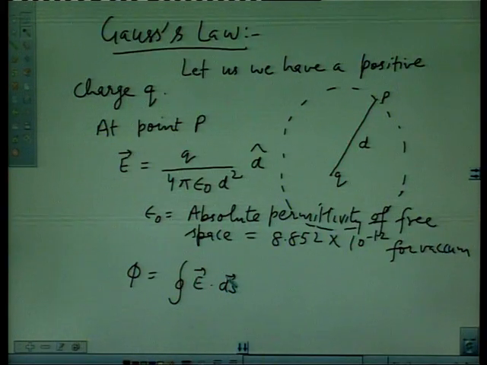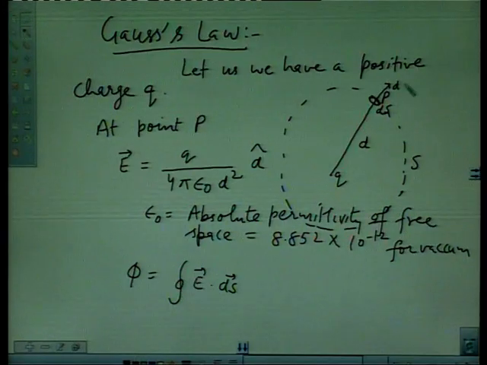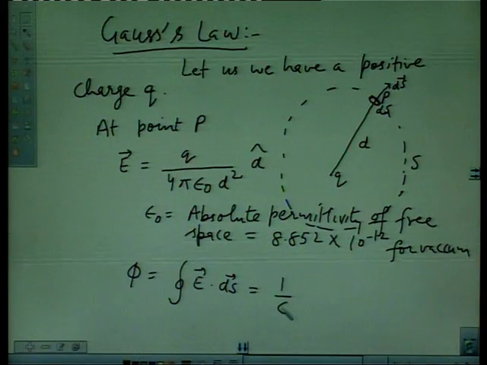This ds vector is a small surface element vector of this surface S, and ds vector is perpendicular to the surface. If we take the dot product of E vector dot ds vector and take its integral, we get the total flux through this closed surface. So, this is equal to 1 upon epsilon naught times q.